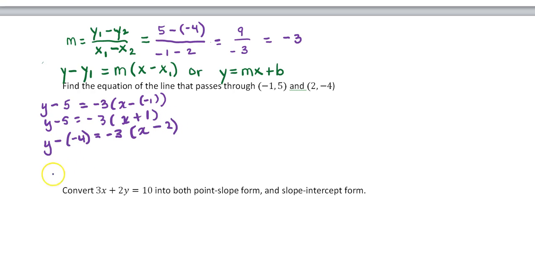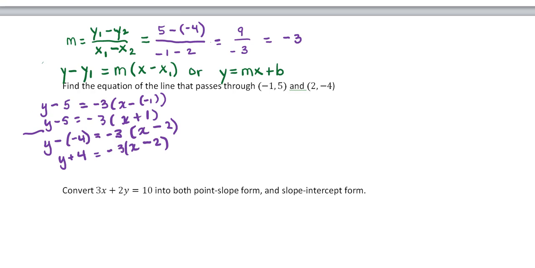And then again, we collect things together, making it a little neater. We could say y plus 4 equals negative 3x minus 2. So assuming that these are both of our point slope formats, one uses this point in this format, and this one uses this point in this format.